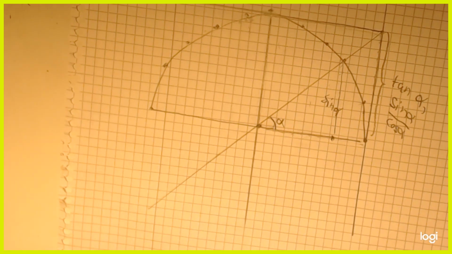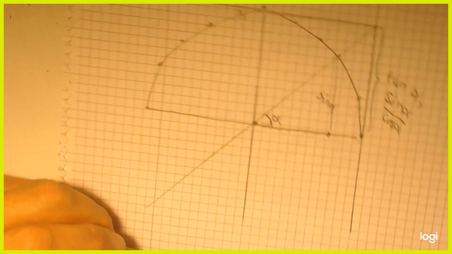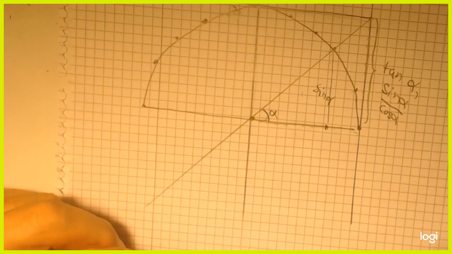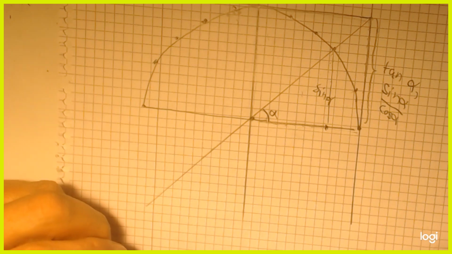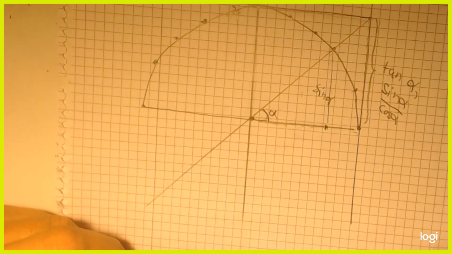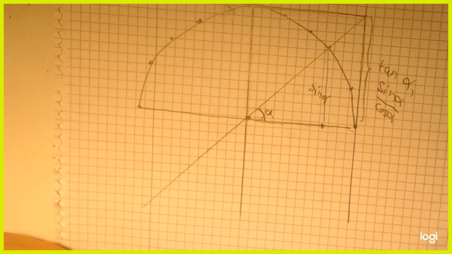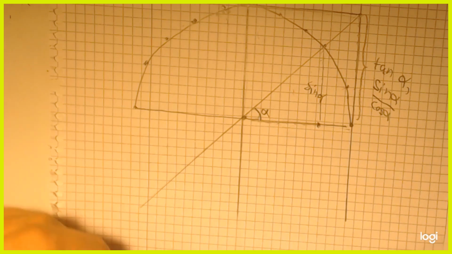So sinus alpha is 44.4 degrees. Tangent alpha is 12 over 12. That's 45 degrees. Cosinus alpha, 8.5 divided by 12, that's 44.90.